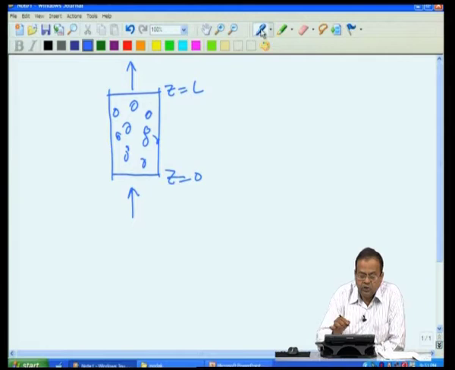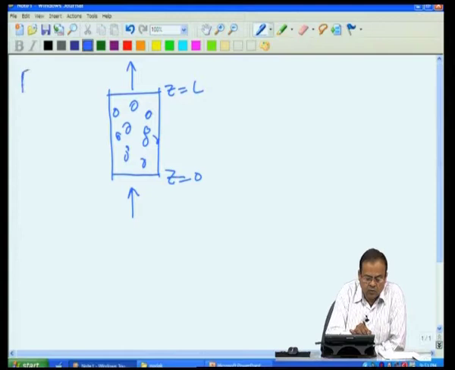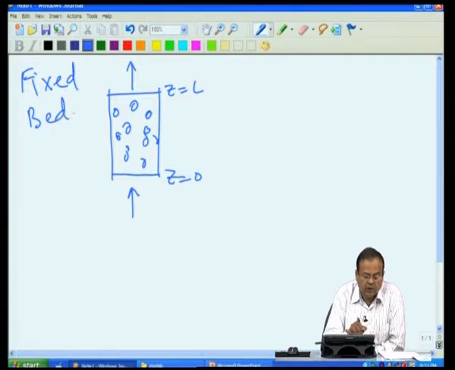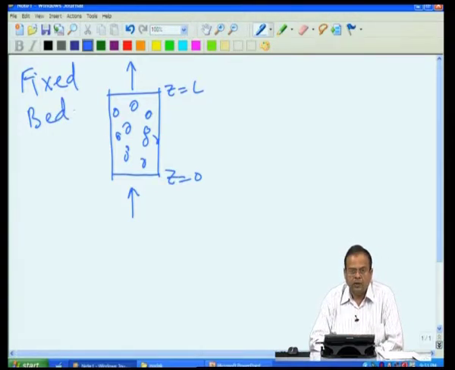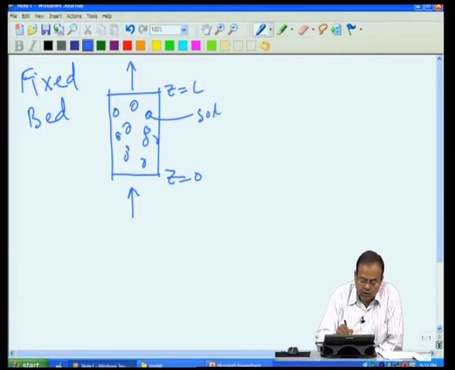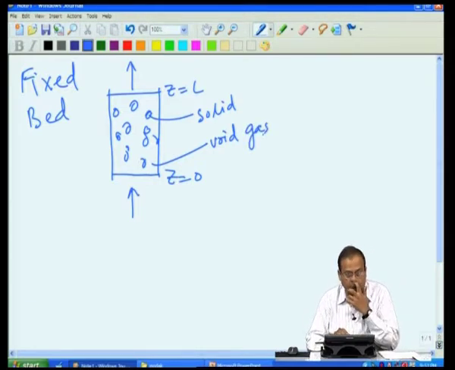So, in principle the mass and energy balances for fixed bed reactors must be the same as or similar to those of the tubular reactor. Indeed they are. However, there is one difference that we have to take into account, and that is there are two phases in this reactor, one solid and the other the void or gaseous phase, which represents the voids.